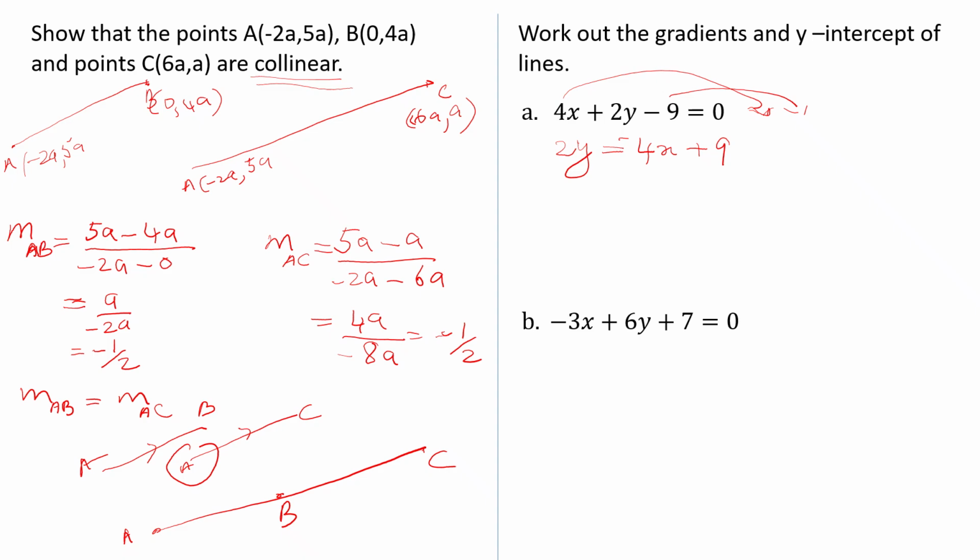So divide by 2 both sides. So y equals negative 2x plus 9 over 2. Now we can say the gradient m equals negative 2 and y-intercept c equals 9 over 2.